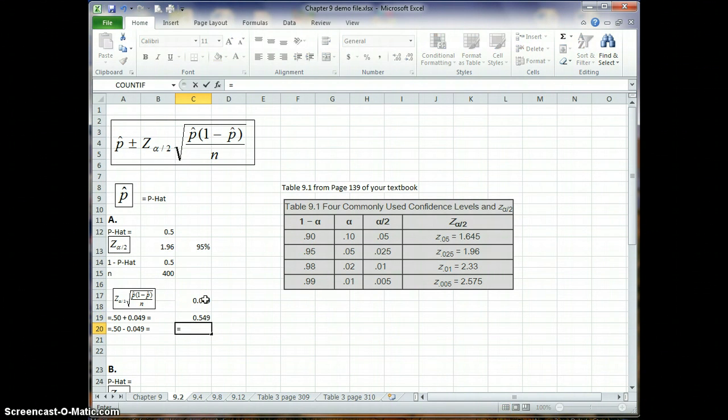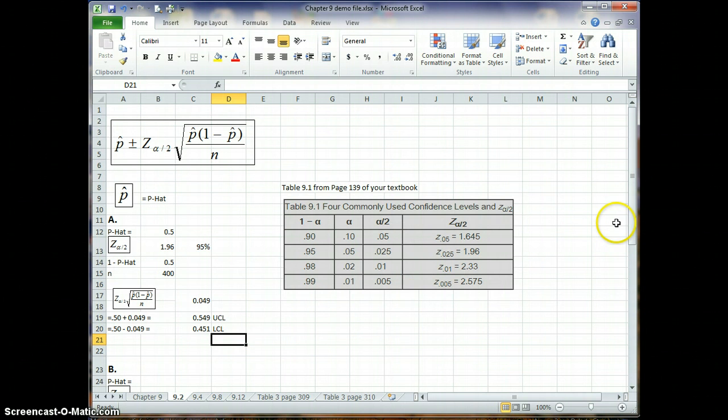And in the other case, it would be the lower, which would be p hat minus what we have here. And I could put the upper confidence level and the lower confidence level. So you can sort of see how that's set up.